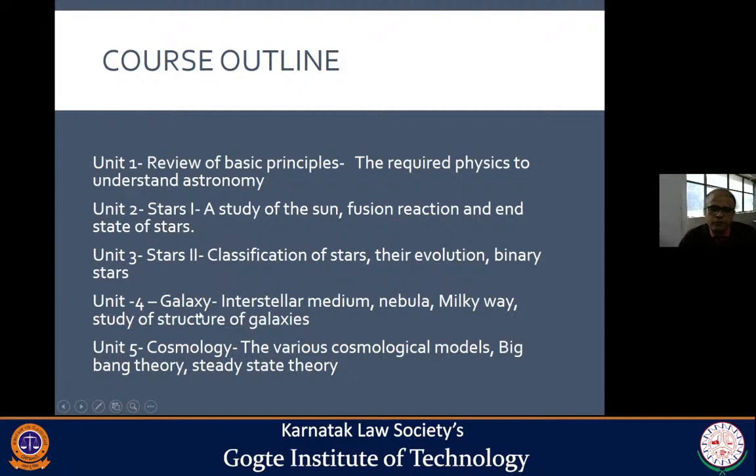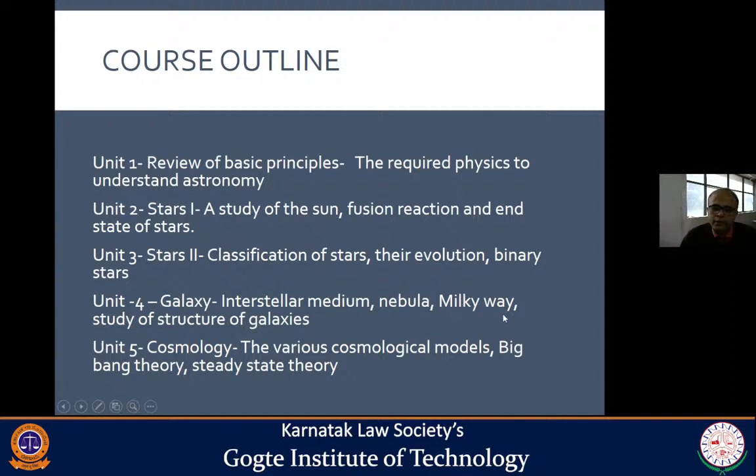Then in the next unit we'll look at the galaxy, which is the larger structure that we observe in the universe. A galaxy not only includes about 100 billion stars, but more than that, it has interstellar medium like gas clouds, and there are nebulae. Those make a galaxy, and our solar system is in the galaxy which we call the Milky Way.